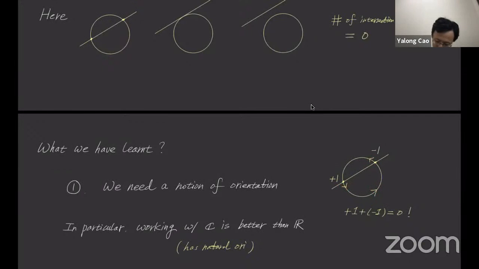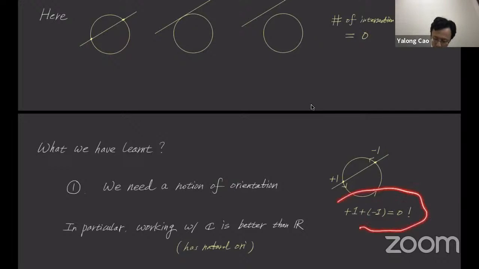You see that the behavior of these two intersection points is quite different. The orientation here is in this direction and here in that direction. This means we should count these two points in a different way and give different signs to these two points. So now 1 plus minus 1 equals 0.